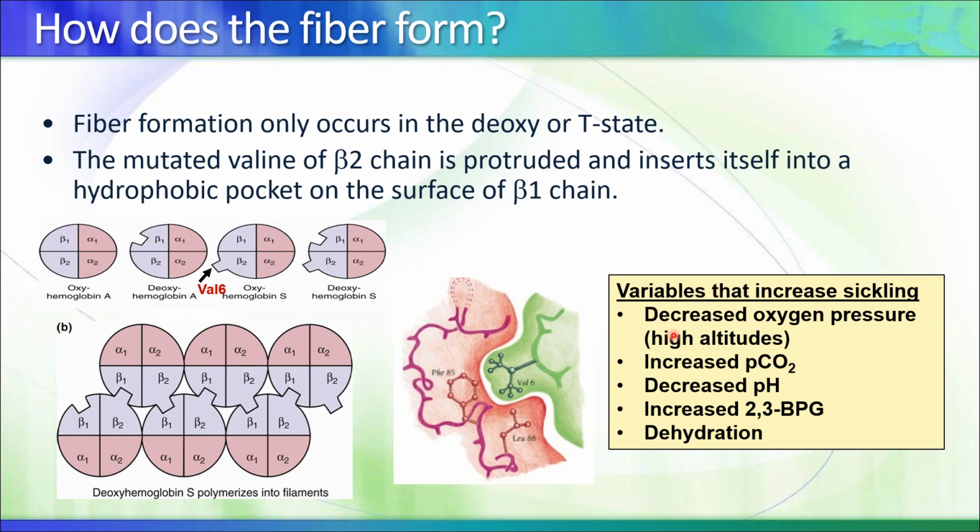Okay, same thing for the other factors. So you have increased pressure of CO2 and decreased pH. That would also increase the formation of the T structure of hemoglobin. Increased 2,3-bisphosphoglycerate, same thing, stabilizing the T structure, and dehydration as well.